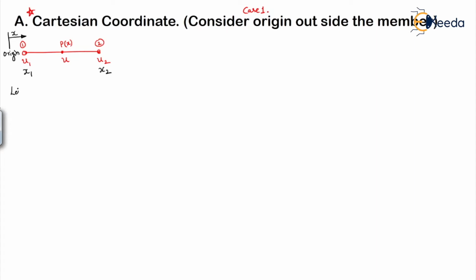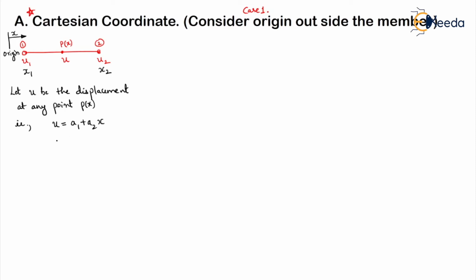Once you consider the figure, what is u? Let u be the displacement at any point P of x. How will u be written? It is written with the help of an interpolation function. So u can be written as a1 plus a2 x.